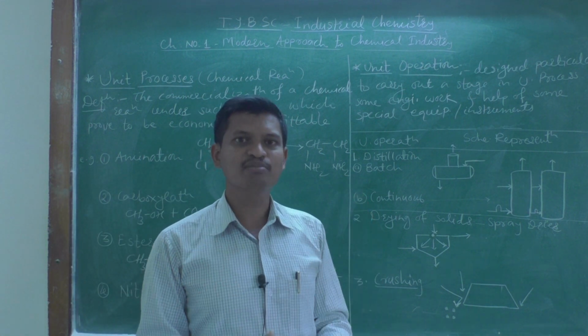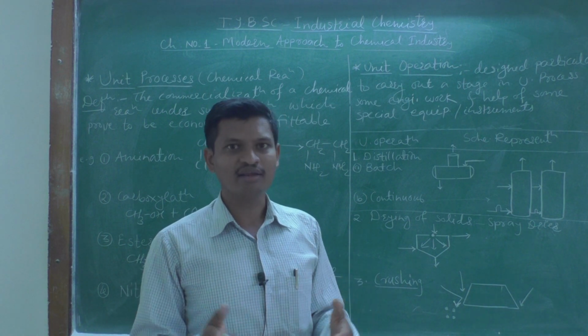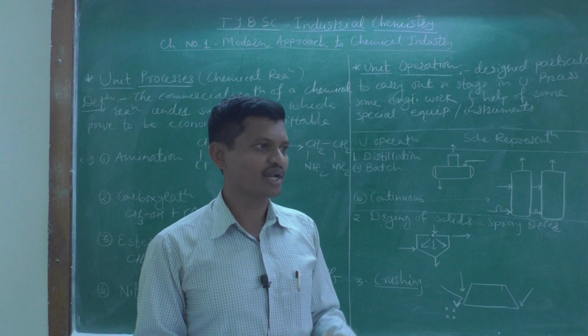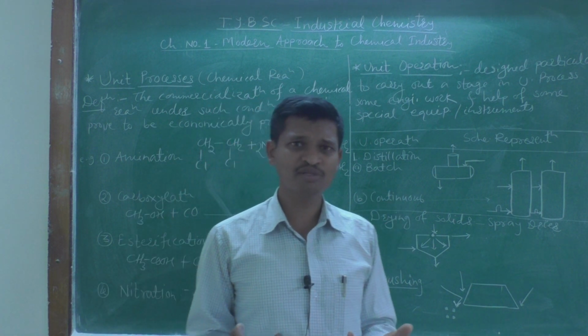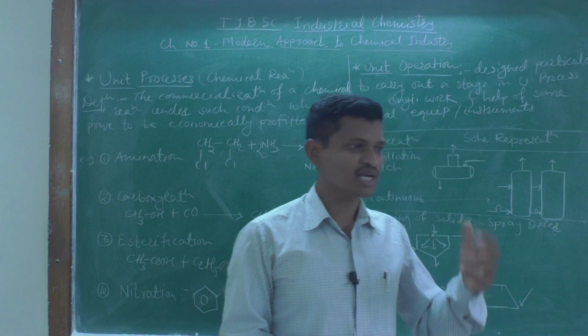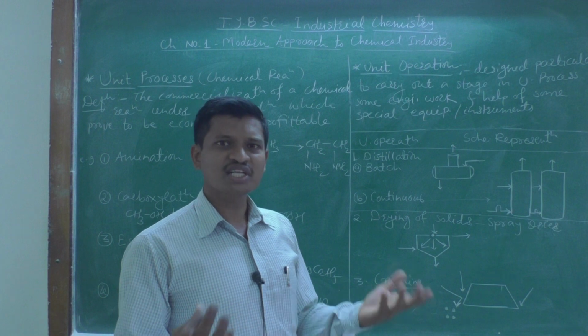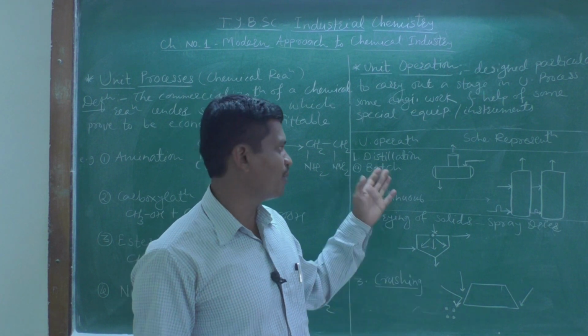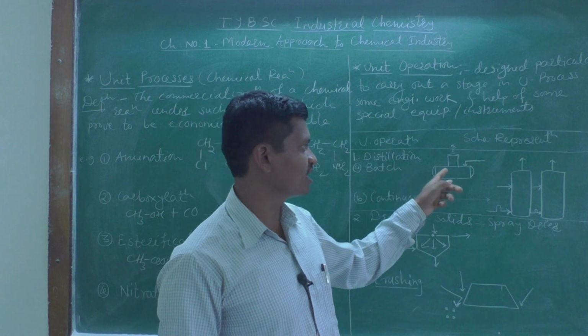Distillation assemblies and larger reactors of different types are there in chemical industries. Distillation is again of two types, batch distillation and continuous distillation.